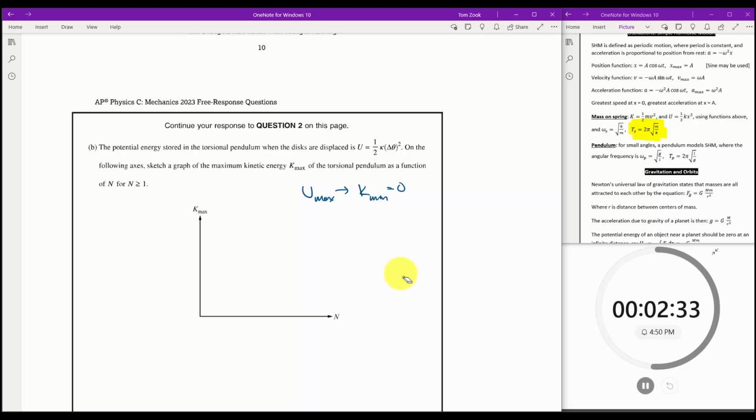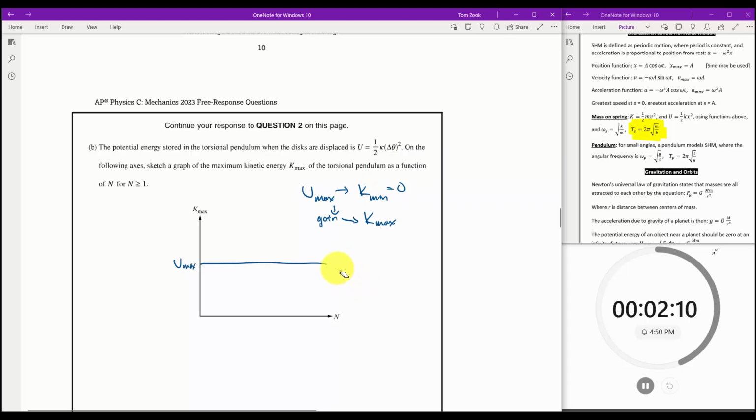So the K maximum will be when it's basically gained all of the energy from potential. If you had 100 joules of potential energy, your maximum kinetic would be 100. So if that's your max energy, then the K max is always just that value.